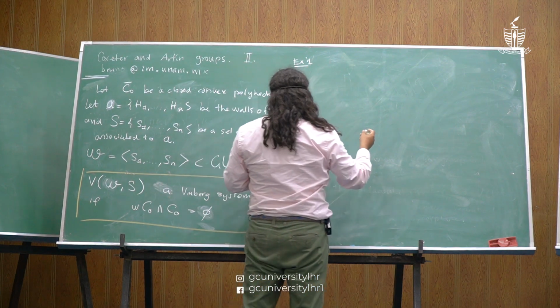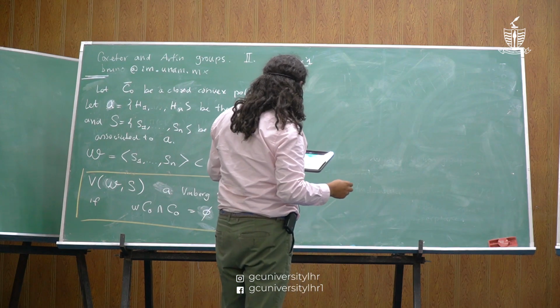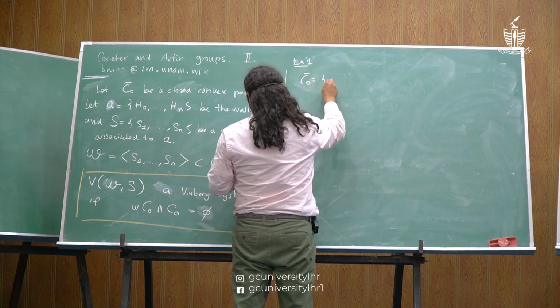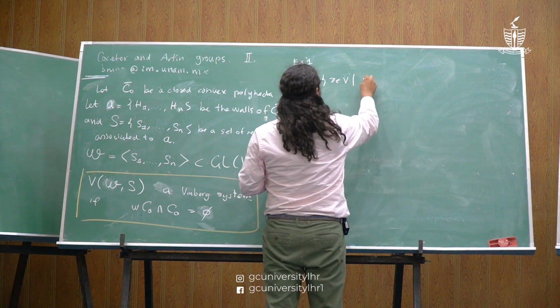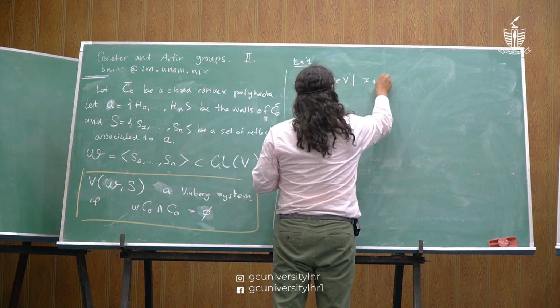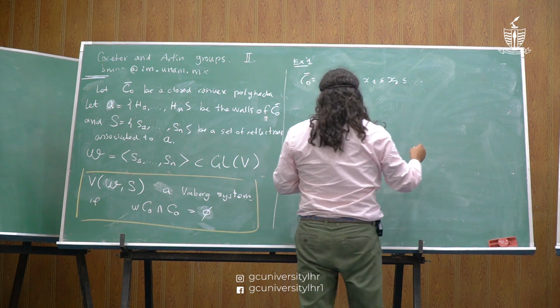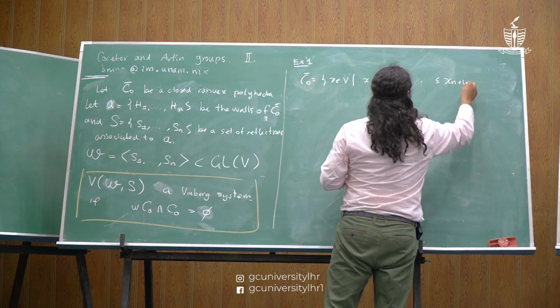Again the symmetric group. If we consider C0, the x in B such that x2 like this, up to xn minus 1.